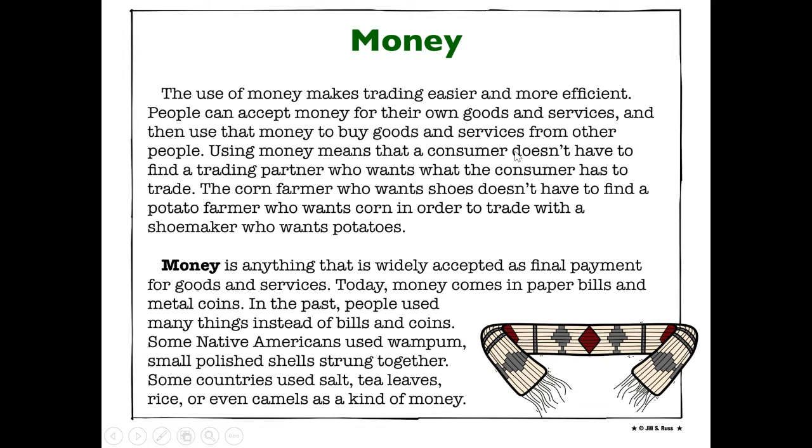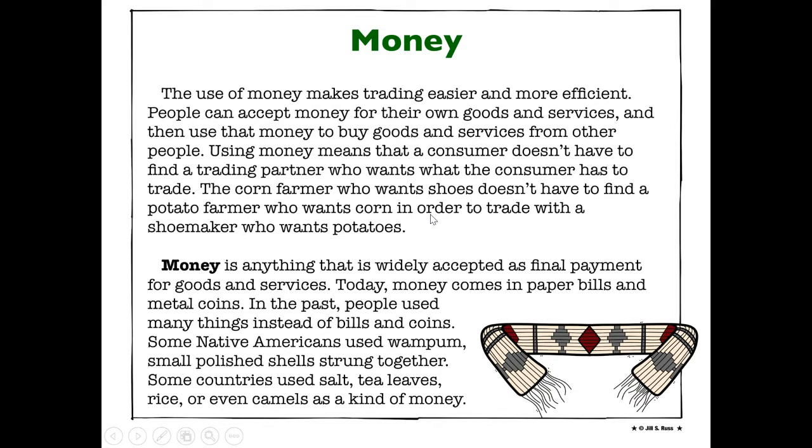Using money means that a consumer doesn't have to find a trading partner who wants what the consumer has to trade. Remember the corn farmer who wants shoes? He doesn't have to find a potato farmer who wants corn in order to trade with the shoemaker who wants potatoes.